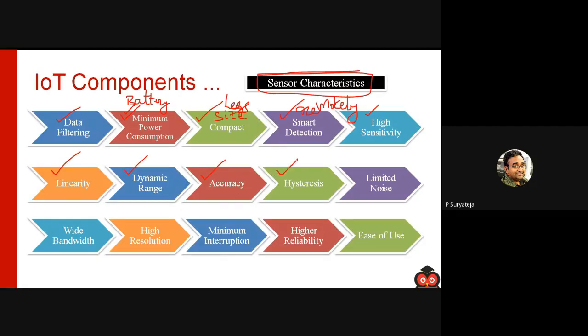And then we have hysteresis. This is a kind of error. So what is this hysteresis? Let's say we have a pressure sensor. Let's say I am pressing the pressure sensor. I have kept the sensor in my hand.